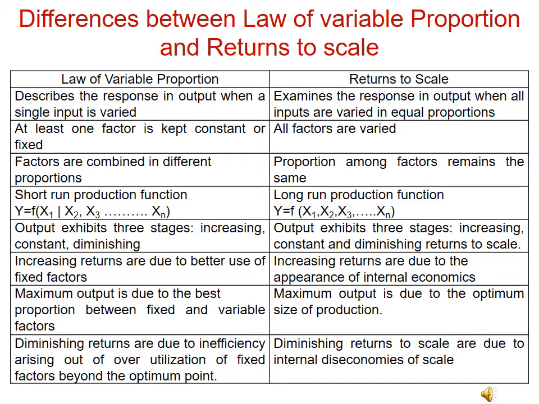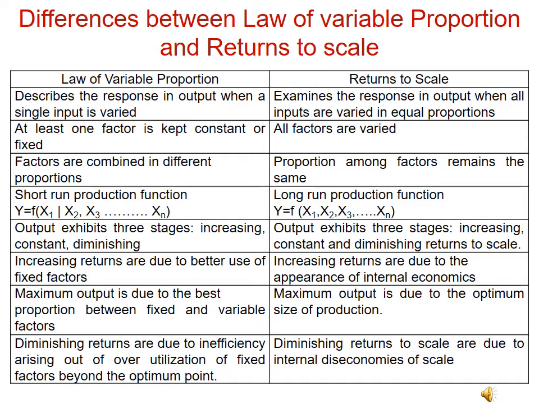So since a single input is varied, in case of law of variable proportion, there must be at least one factor which is to be kept constant or fixed. But in case of returns to scale, all factors are varied. In case of law of variable proportion, factors are combined in different proportion, but the proportion of combination among the factors remains same in case of returns to scale.